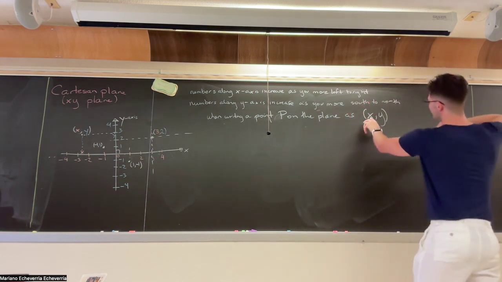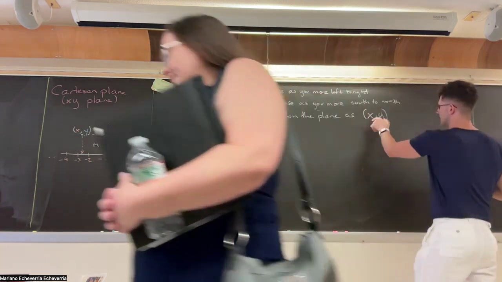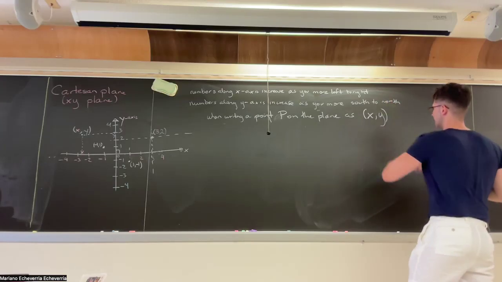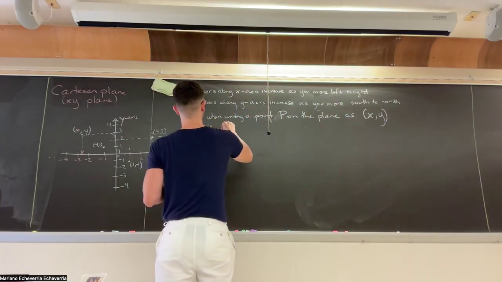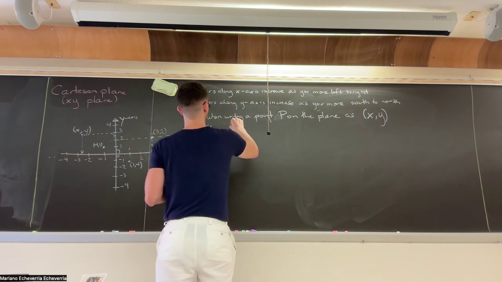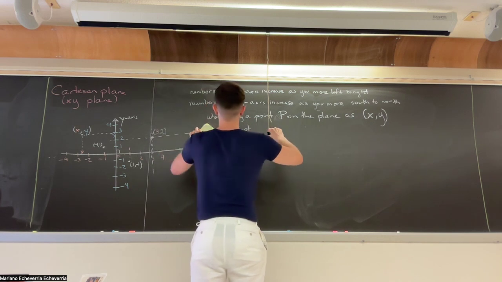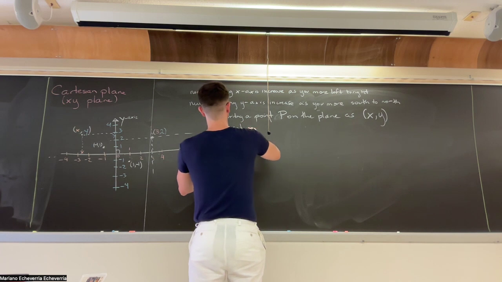The order in which you write this matters: the first entry always refers to x, the value on the x-axis, and the second entry to the y-axis. These will not be the same. The first entry is only for the x-axis.